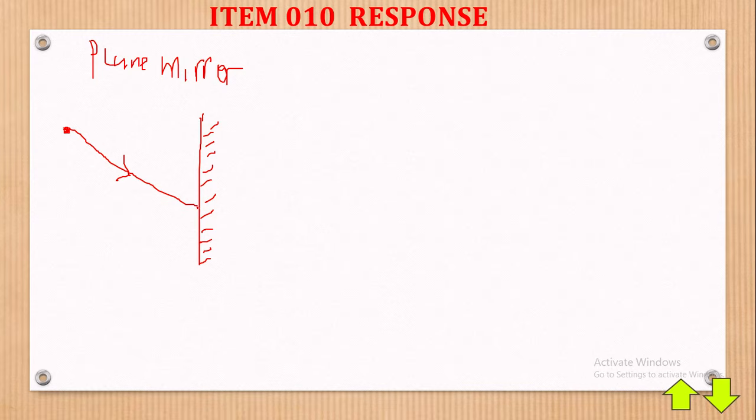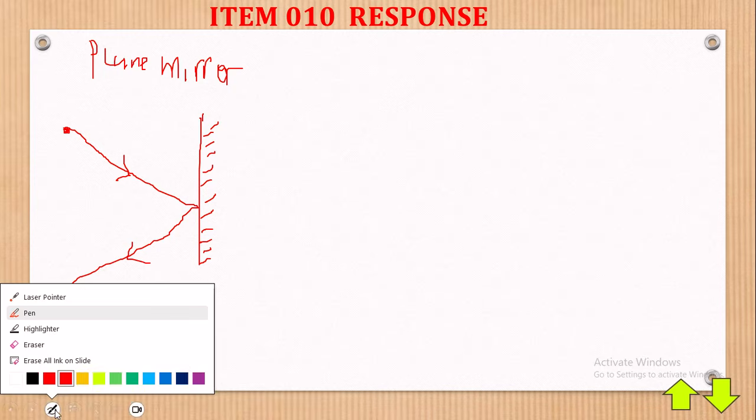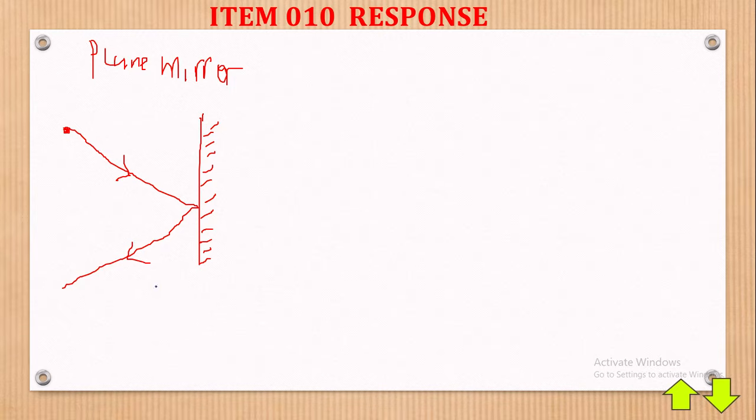From laws of reflection, this ray will be reflected back in that order. When you look at this ray, it appears as if it is coming from a certain point behind the mirror, up this side, like that.